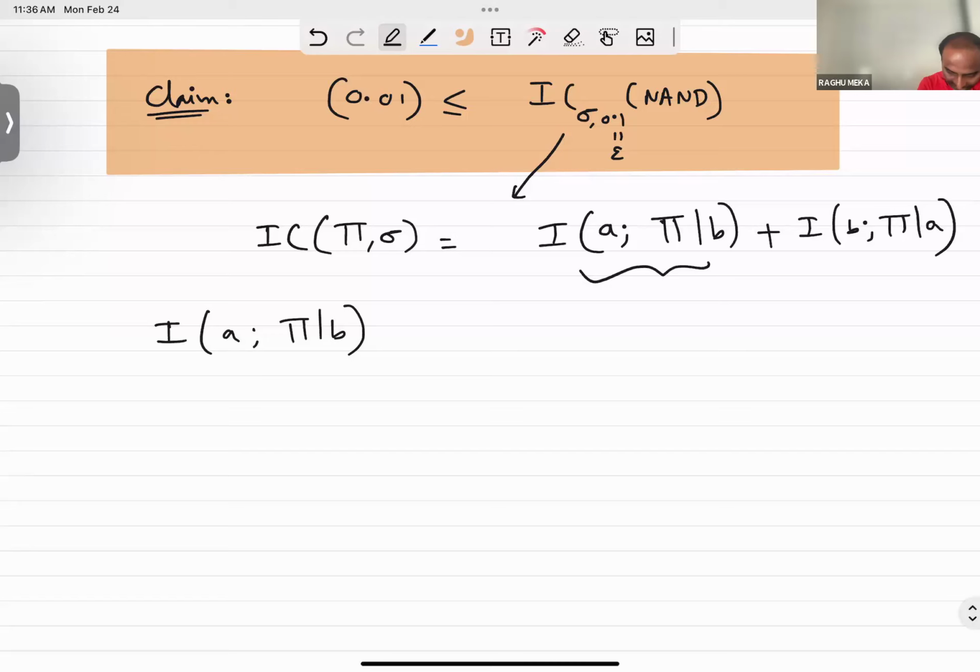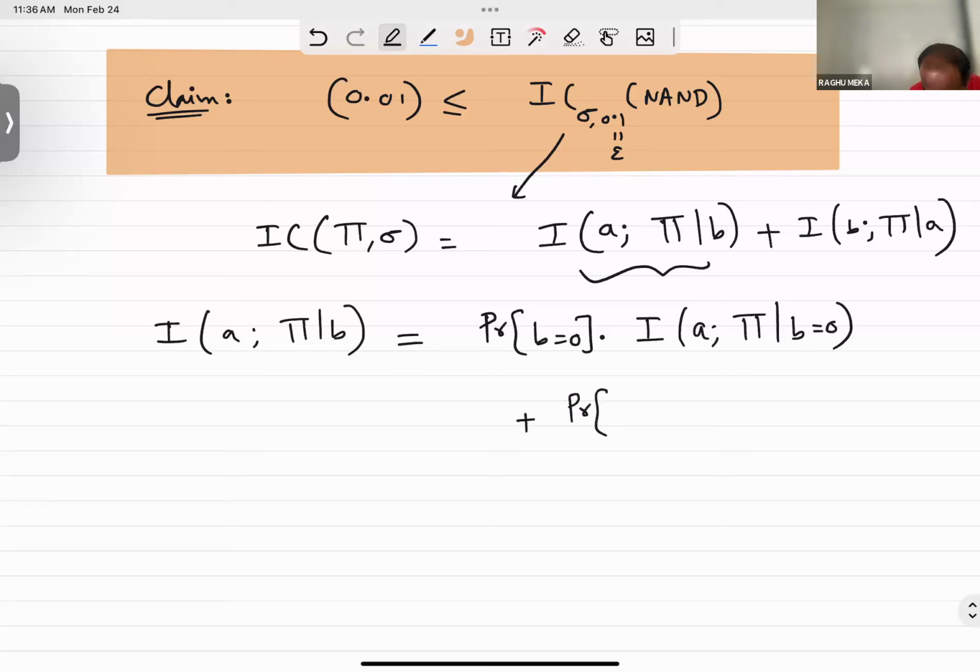Now, how do I understand this? Again, let's open up the definition of the condition. So what does it mean to condition? This is equal to probability B equals 0 times the information given B equals 0, plus probability B equals 1 times the information given B equals 1.